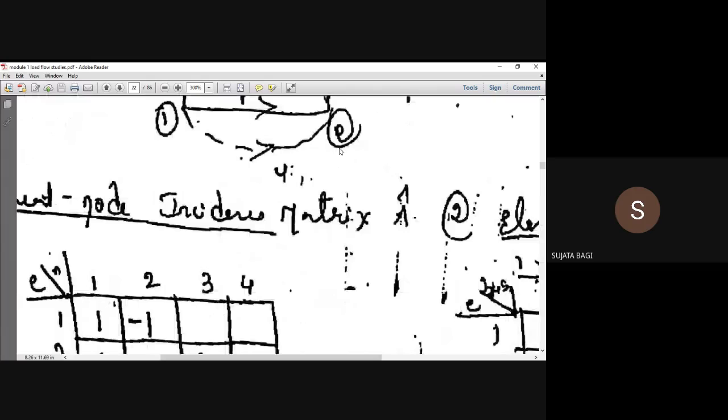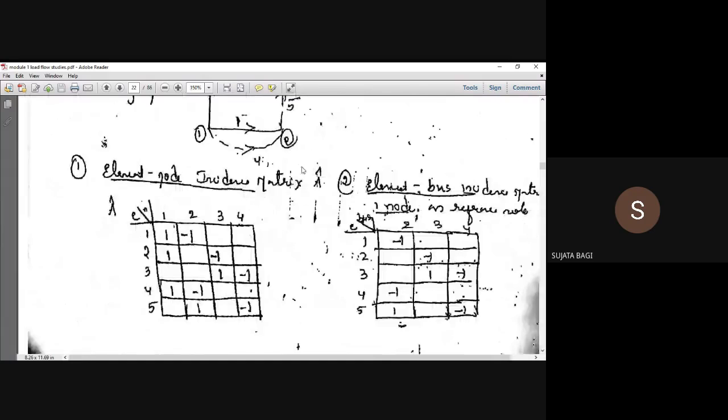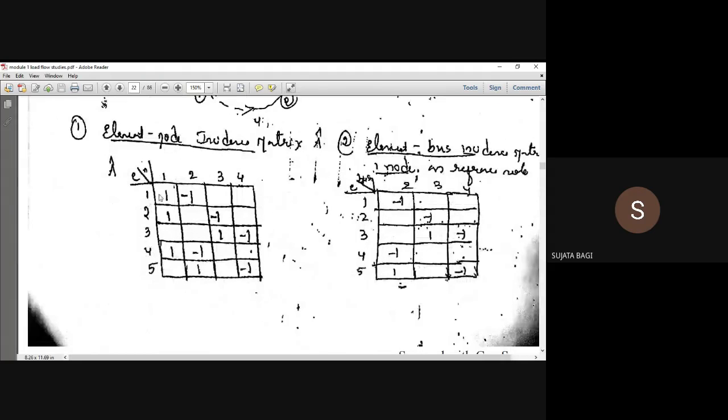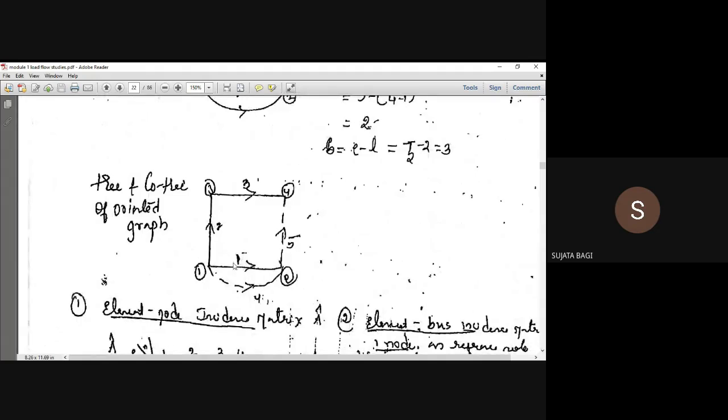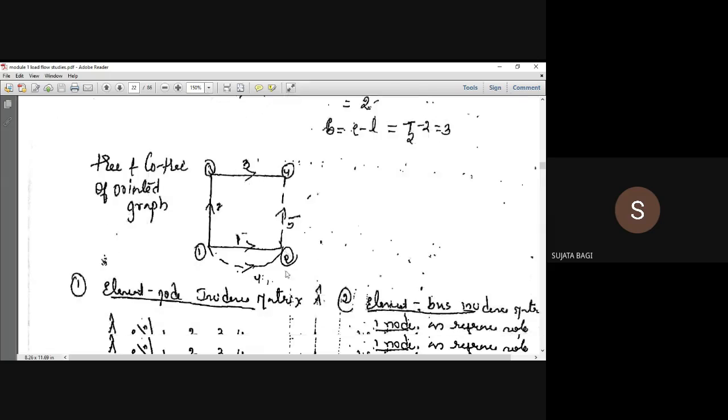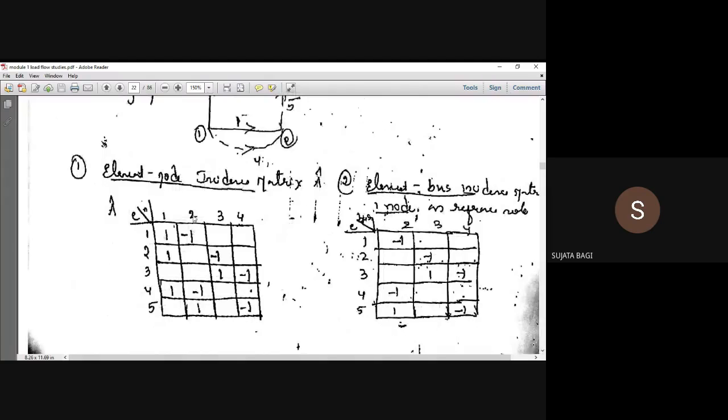Okay. So the same thing I'll be using here in this matrix. First element is in between 1 and 2, so direction is towards 2, negative. Second element is in between 1 and 3, so towards 3.